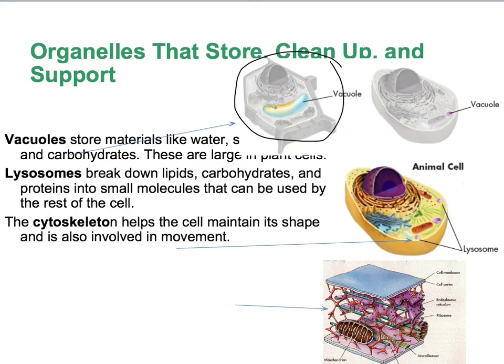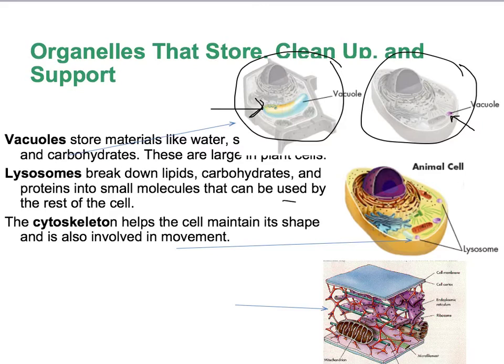The vacuole is much bigger in the plant cell than in the animal cell, where it's much smaller. This is how plants store their water in case it's a time when it's not raining. It also gives the plant more structure, so it can hold its shape. The stems can hold up an entire plant because of these vacuoles.